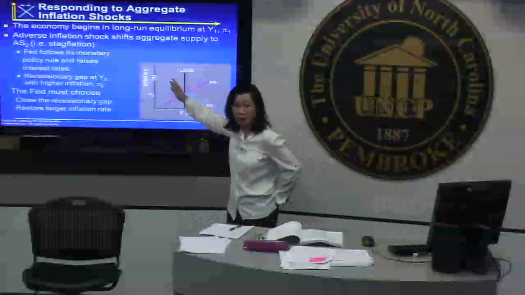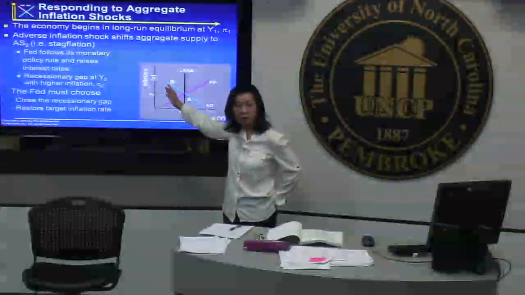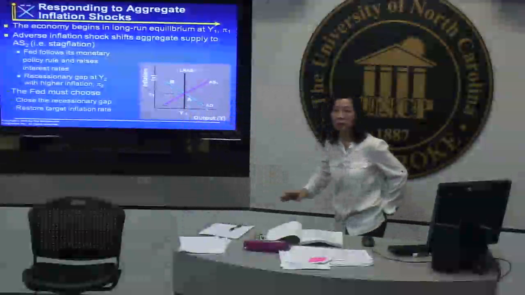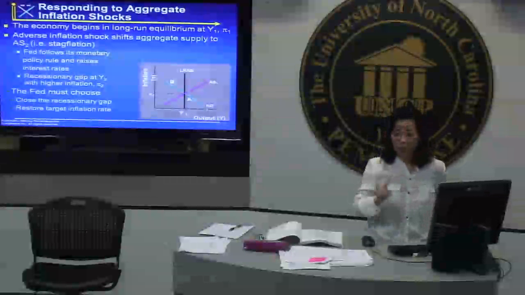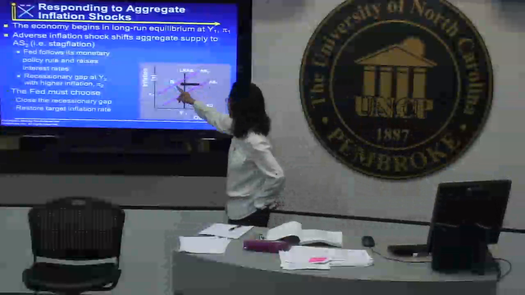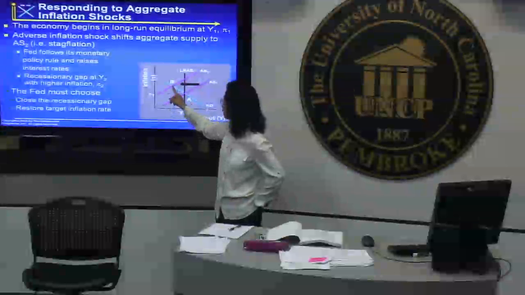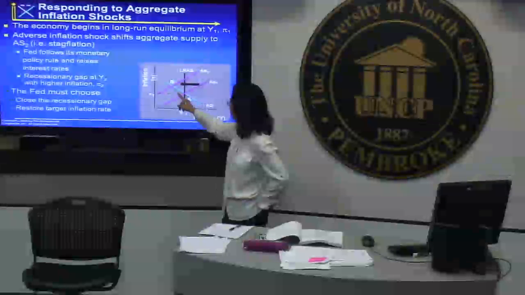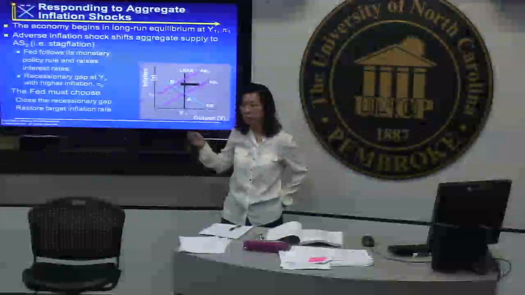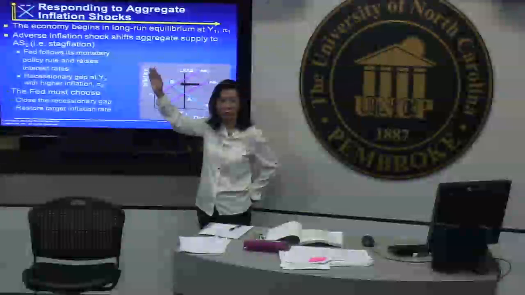You want to move to the left, correct? Because to the left means higher, to the right means lower, in terms of inflation rate, since we're looking at the y-axis. So the AS curve shifts up to point B, and the inflation rate is higher. Instead of, say, 2%, it's now at 5%, because your y-axis is the inflation rate.